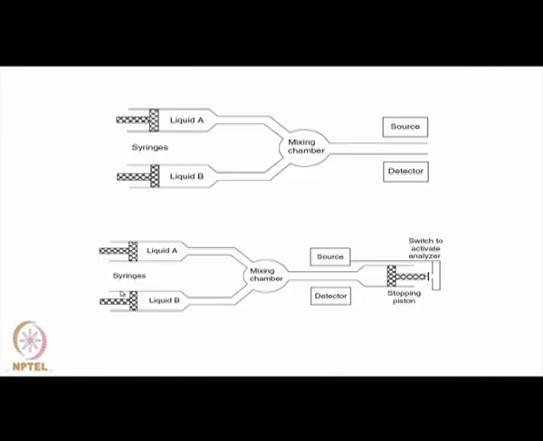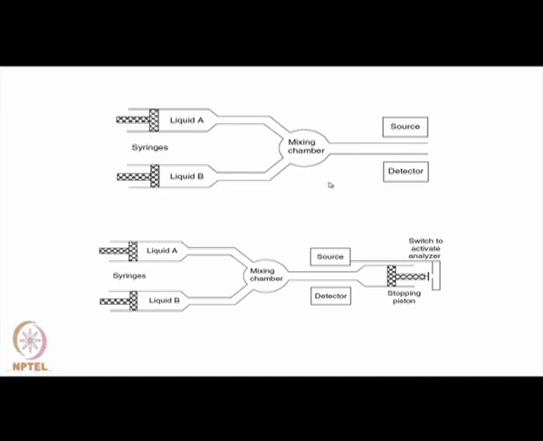Now we discussed techniques like flow techniques, that is continuous flow method or maybe stopped flow method. So these are the typical diagrams of flow methods. There are two syringes, there is a mixing chamber and then there is a detector, and this detector may be movable, or maybe these syringes can also be movable.